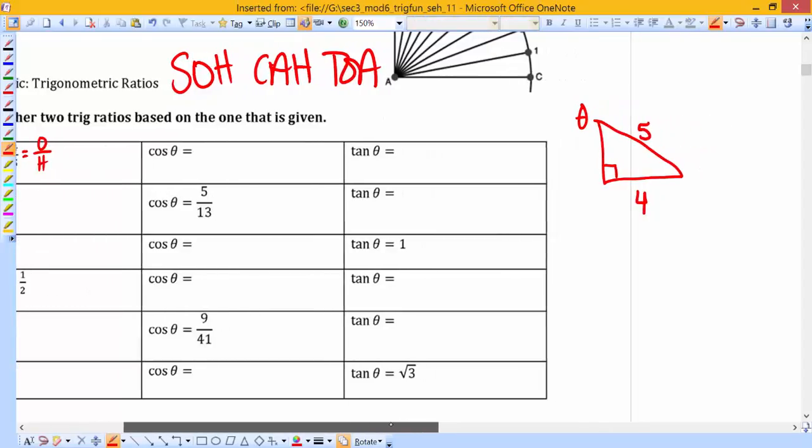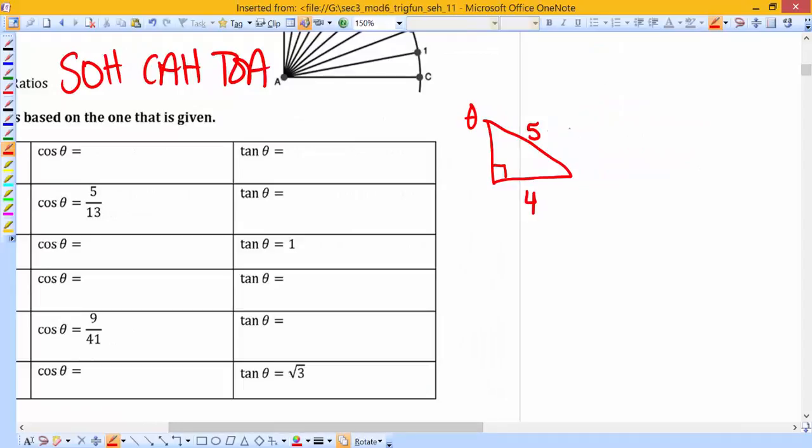Now you can use the Pythagorean theorem to find the missing piece. Okay, you have to find the third side. So I can put x squared plus 4 squared equals 5 squared, and I'm going to end up with x squared equals 9, so x equals 3. So that missing piece is 3.